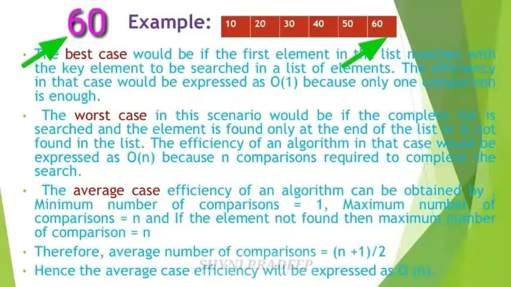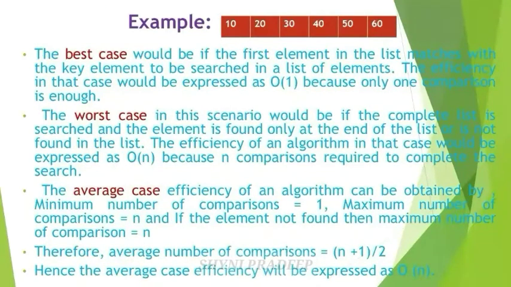First you compare the key element 60 with 10, next 20, next 30, next 40, next 50. At the end, the last element matches the key element. So there are too many comparisons. This is called worst case efficiency. It is expressed as order of n, because n comparisons are needed.